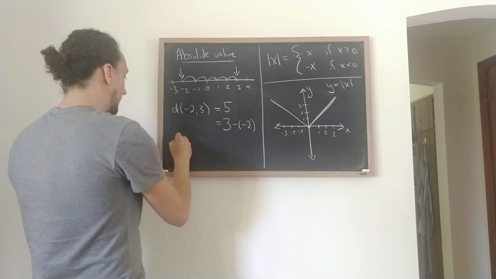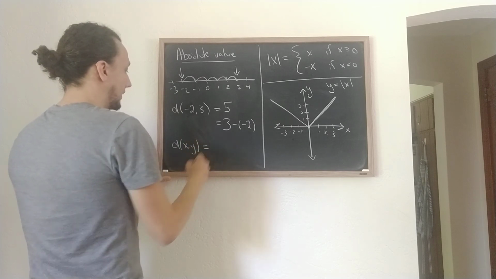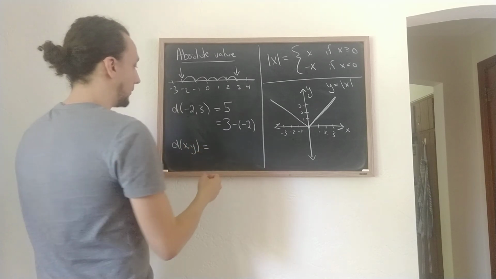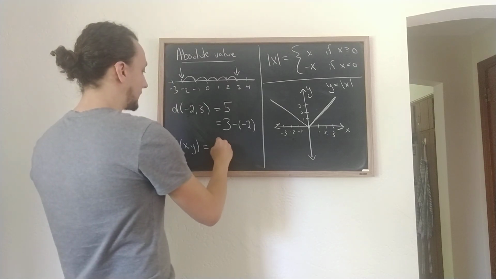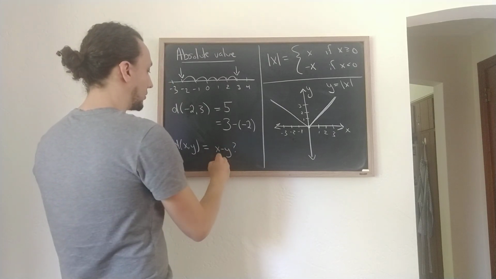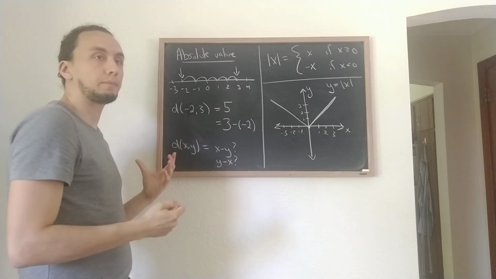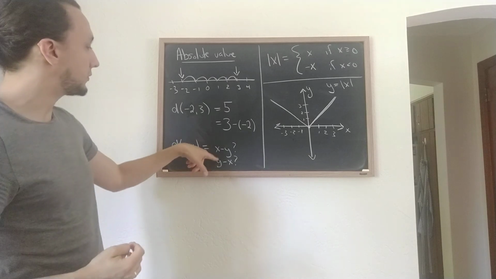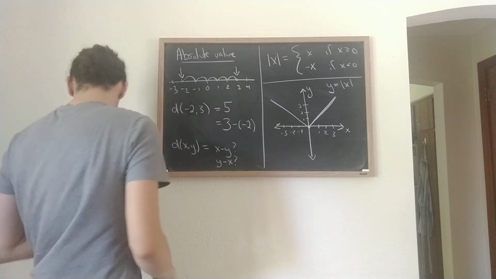So then in general we might think the distance between x and y is what? Well, the question is, should it be x minus y, or should it be y minus x. Which one is bigger? Which of x and y is bigger? I'm supposed to subtract the smaller one from the bigger one.